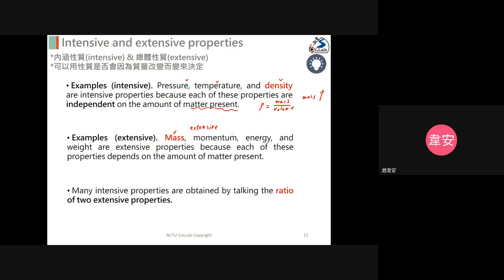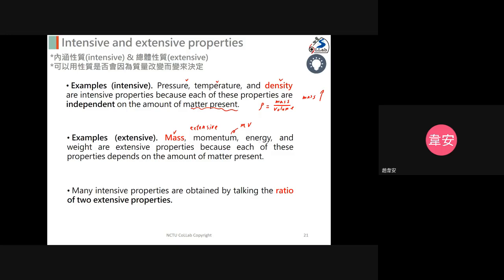If we discuss the momentum, it is the mass multiplied by the velocity. As we know, if the mass changes, the momentum will change. So properties such as mass, momentum, and energy are extensive properties.